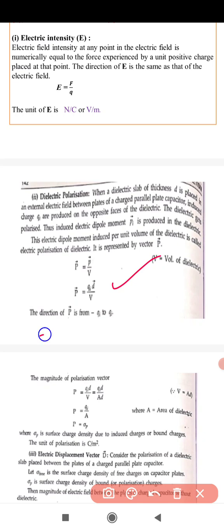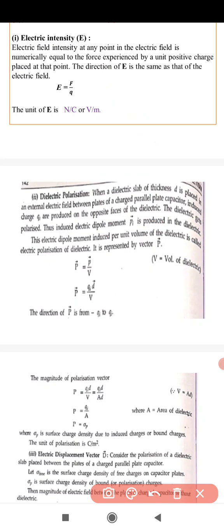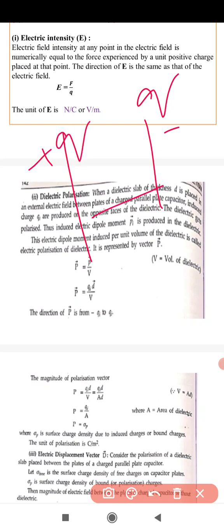The direction of the polarization is always opposite to the electric field. Suppose the forward direction is the electric field, the polarization vector will be obtained in the opposite direction. It always points from the minus charge to the plus charge.